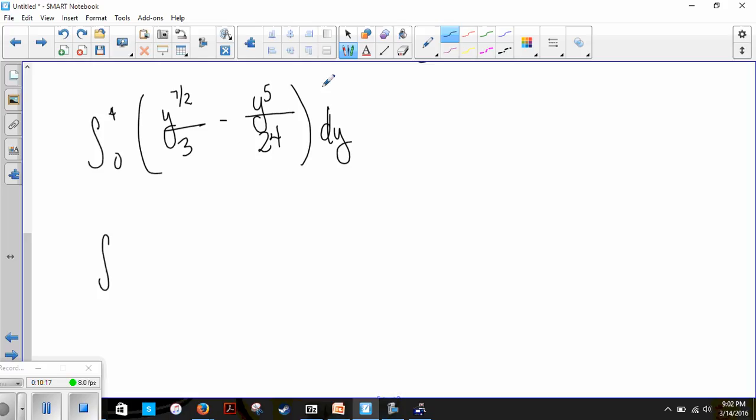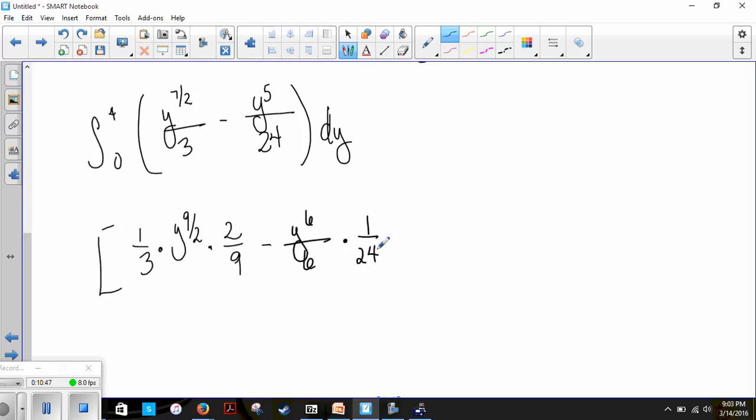Okay. Got this 1/3. I'll deal with the rest in a minute. So this becomes y to the 9/2 over 9/2. So let's go ahead and flip that right now. Minus y to the 6 over 6, and then I have this 1 over the 24. 0, yay, again to 4.